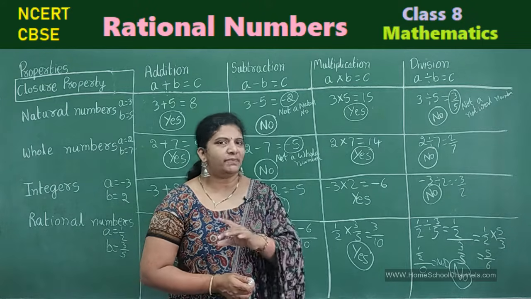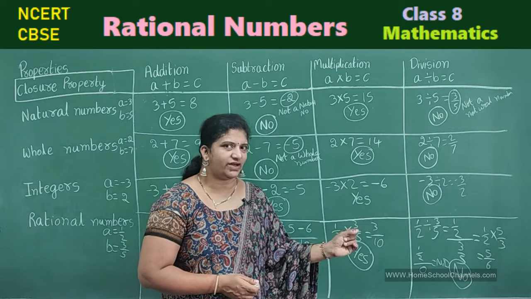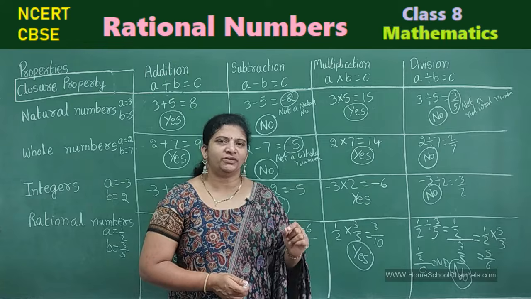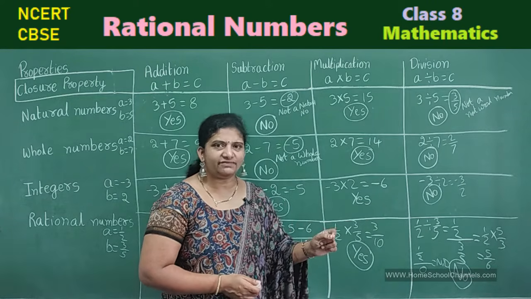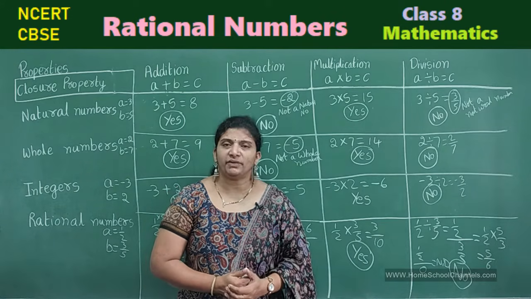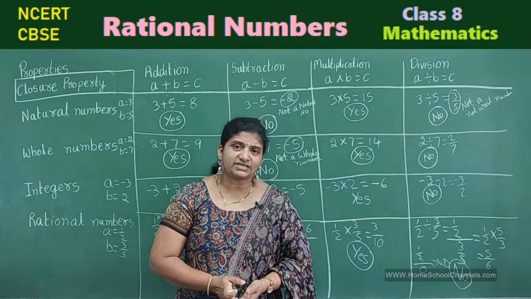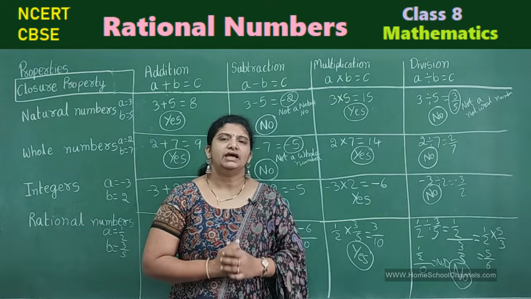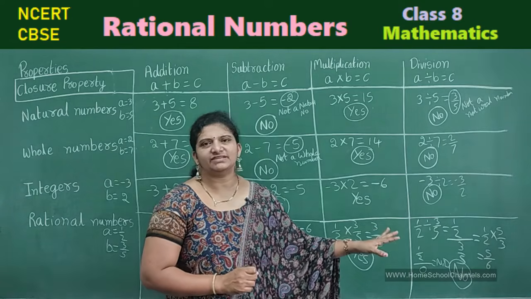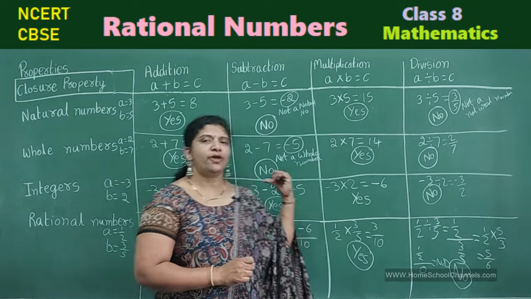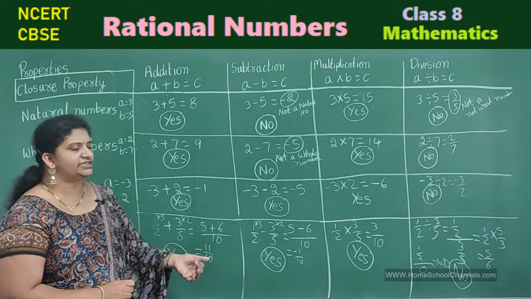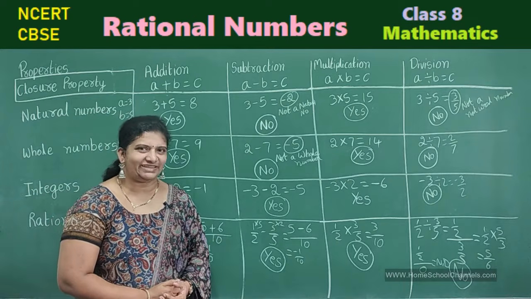If any one pair of numbers is not satisfied, then this condition is no. Closure property of rational numbers under division may not satisfy all types of numbers. At one condition it is failed. So therefore finally we say that no. Closure property of rational numbers is true for addition, subtraction and multiplication only.